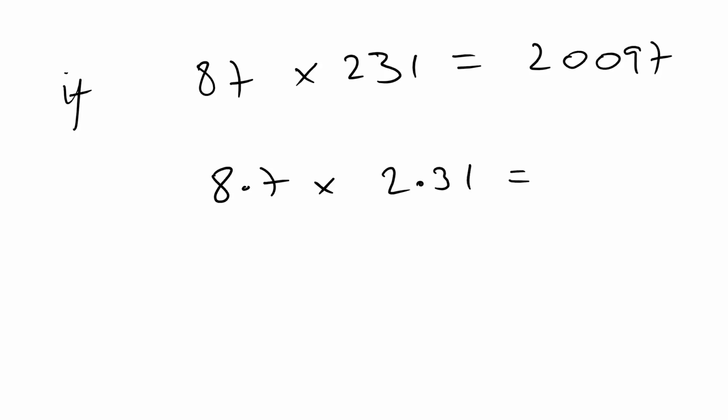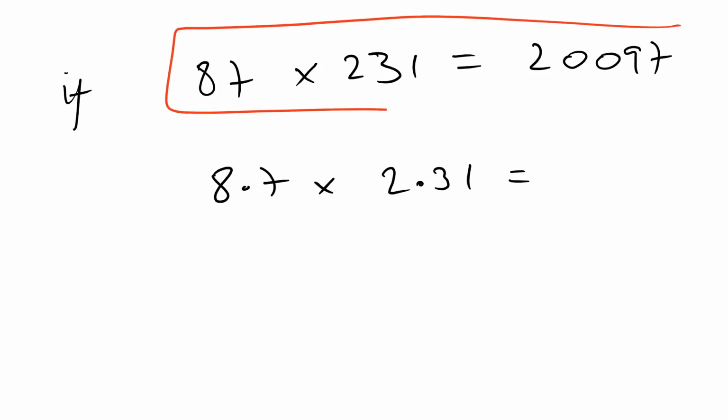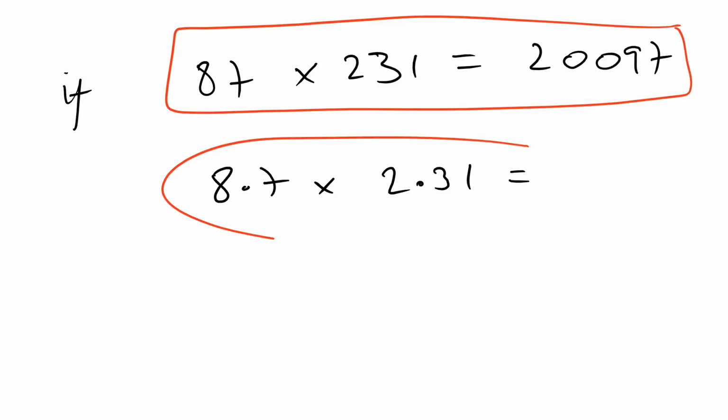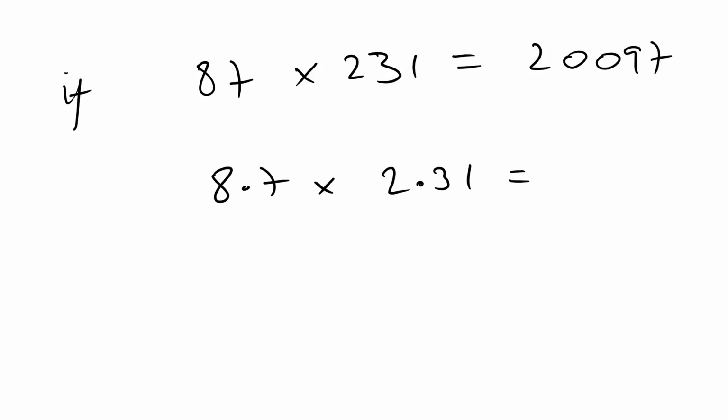This question crops up at GCSE level and at Key Stage 3 sometimes. So it's an unusual one, because they start off by telling you the answer to a question. What they're really saying is to use that answer to answer this one. So you think, well, okay, hang on, how's that going to help me?